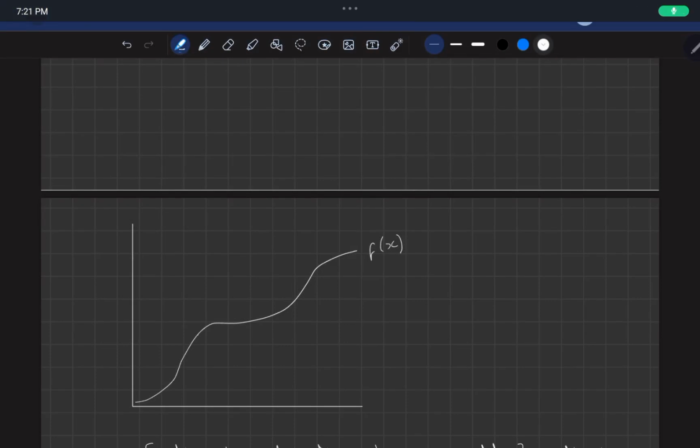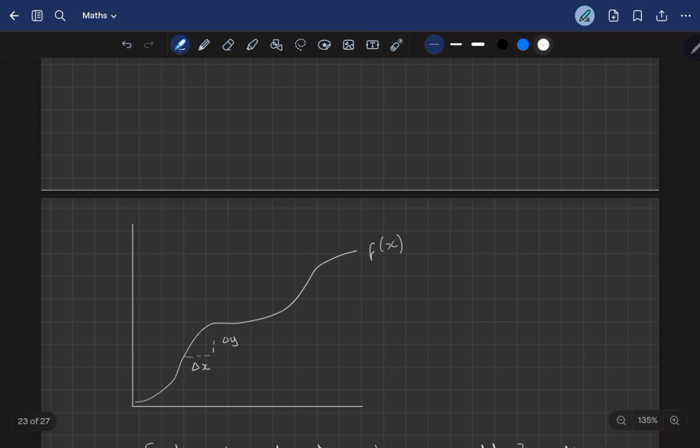To calculate derivatives, people often describe a derivative as finding the gradient function. So here I have a function, f of x, okay? And the gradient function is just change in y over change in x. However, the derivative is a bit more than that.